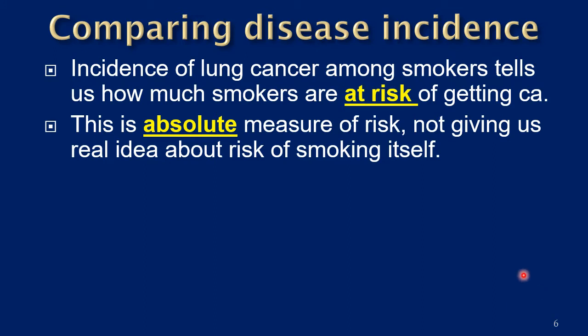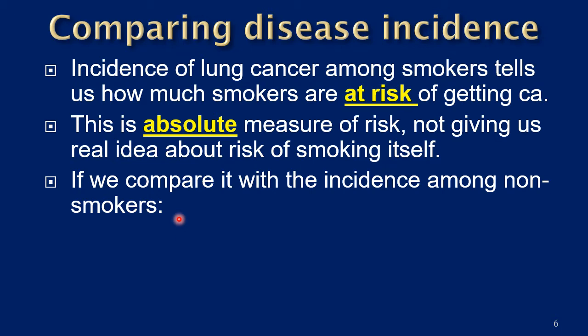Now, when we want to compare disease incidence, for example, the incidence of lung cancer among smokers tells us how much smokers are at risk of getting cancer. But this is an absolute measure. It does not give us a real idea about the risk of smoking itself.